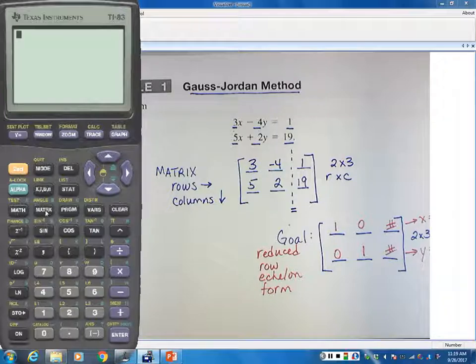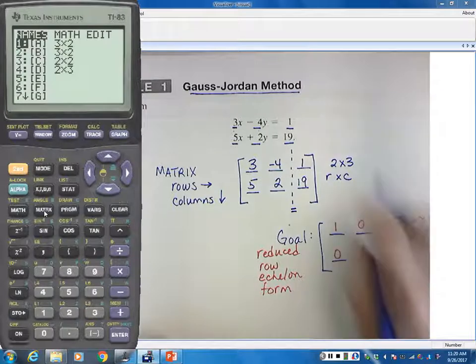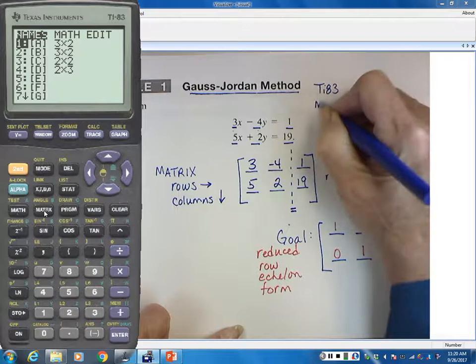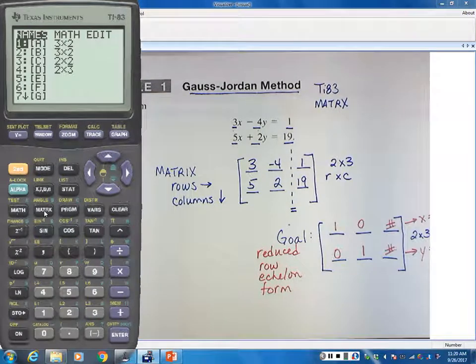On the TI-83, there's a button that says, on the button, Matrix. Okay? It says Matrix. If you have a TI-84, it's not on that same button. On the TI-84, if you look at your X to the -1 key, it says matrix up above it.